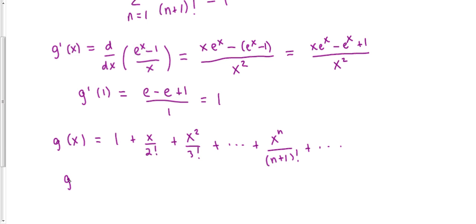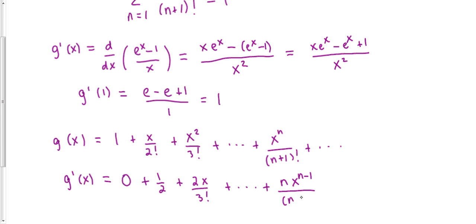And if I want to find g prime of x, I'm just going to take the derivative here. So I'm going to get 0 plus a half plus 2x over 3 factorial plus dot dot dot plus n times x to the n minus 1 over (n plus 1) factorial, and that's just going to go on to infinity.